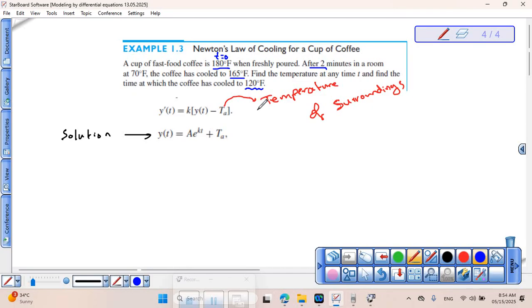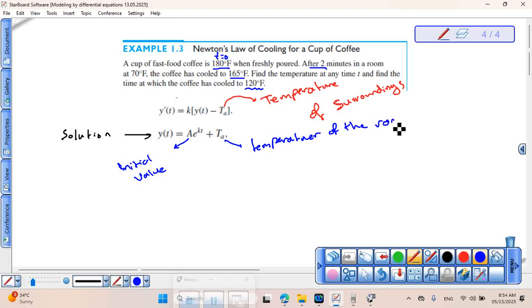A is the initial value, as I explained before. In the beginning, the initial value here is 180, maybe. But this is the temperature of the room.